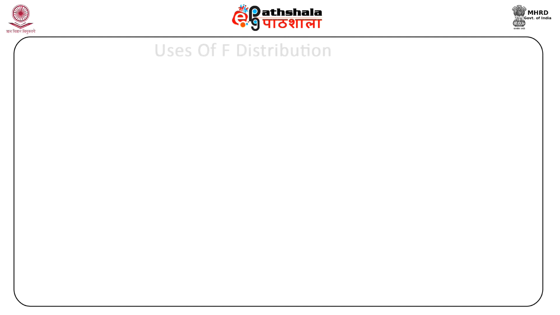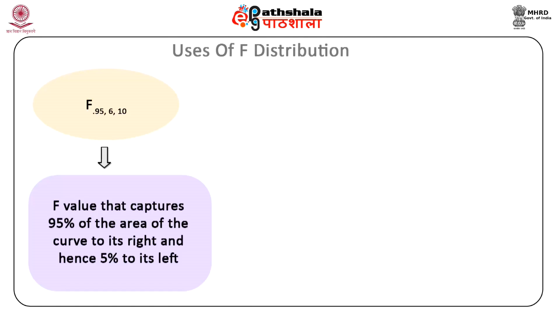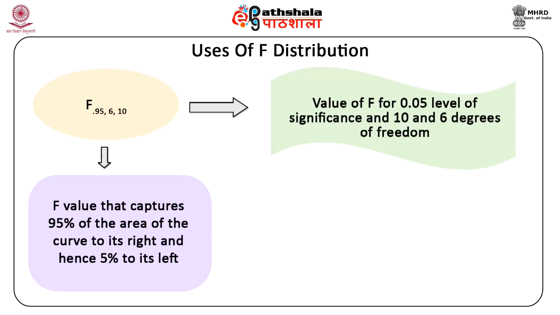Thus, in order to obtain the value of F of 0.95, 6, 10, the F value that captures 95% of the area of the curve to its right and hence 5% to its left, we can find the value of F for 0.05 level of significance and 10 and 6 degrees of freedom. This gives the value of 4.06. Hence, F of 0.95, 6, 10 is equal to 1 upon 4.06, which is equal to 0.246.